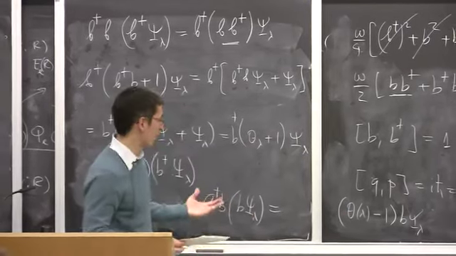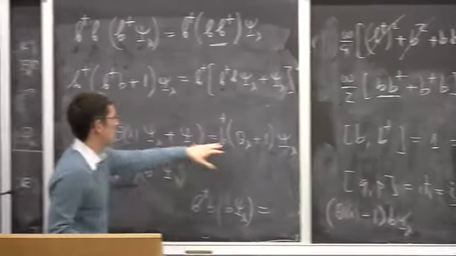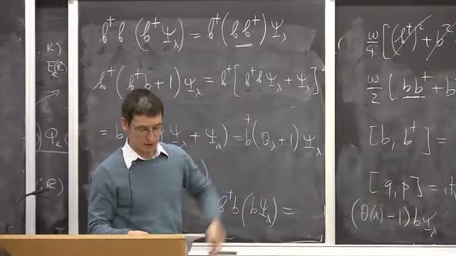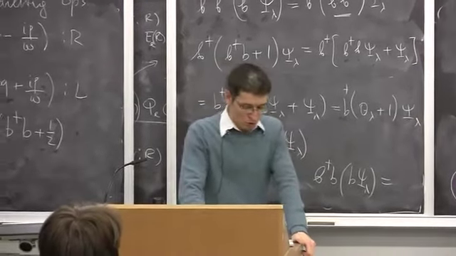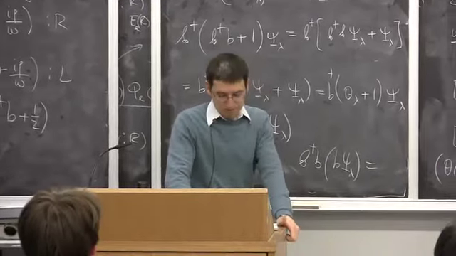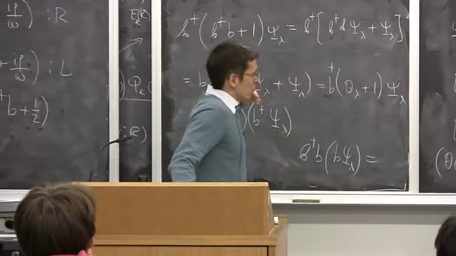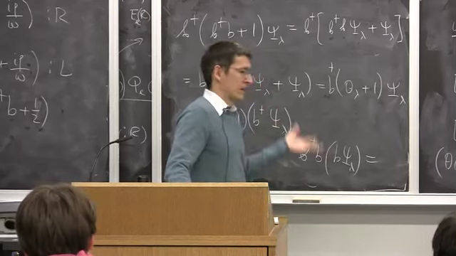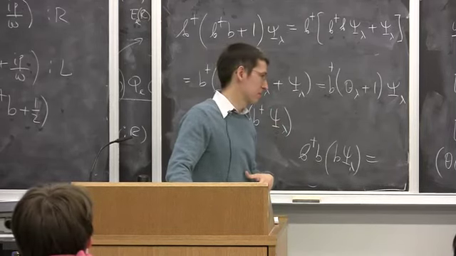That's why B is called the lowering operator, and B dagger is called the raising operator. There is another problem we will study in this course, about angular momentum and spin. There we also will end up with Hamiltonians that can be written as a product of lowering and raising operators.